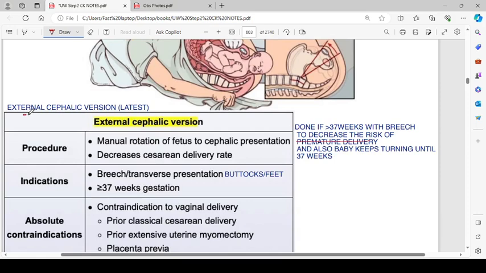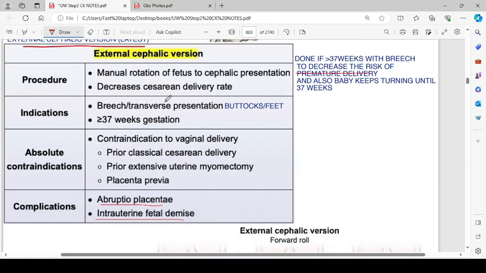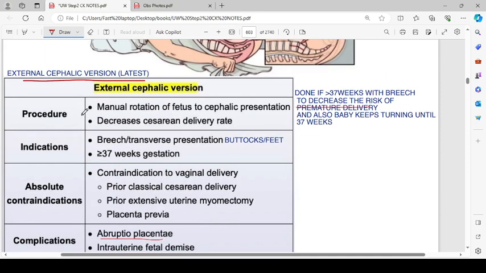External cephalic version. The procedure is manual rotation of the fetus to cephalic presentation, which decreases the cesarean delivery rate. Like it is done in breech pregnancies, in which the fetal buttocks are at the pelvic outlet, towards the cervix, and the head is on the opposite pole, or maybe any other kind of breech.